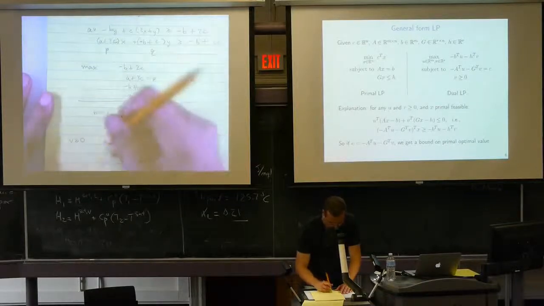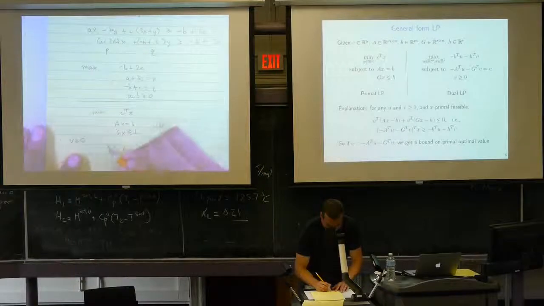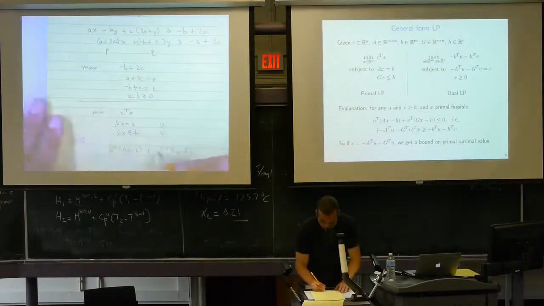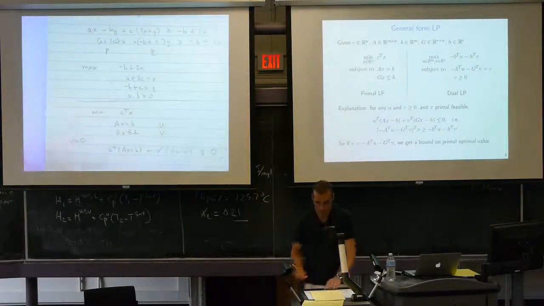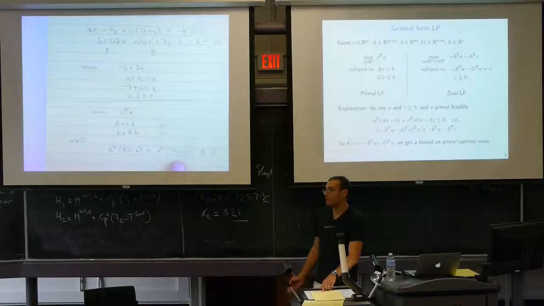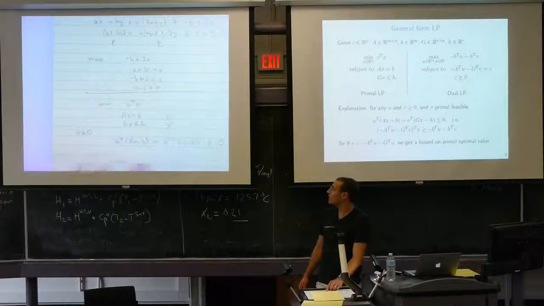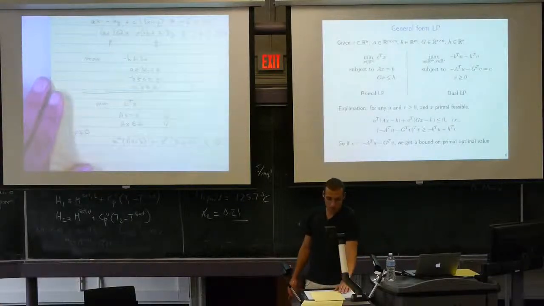Wait, I multiplied u by the equality constraints, that was confusing. I have u transpose (Ax minus b), and I have v transpose (Gx minus h). This is less than or equal to 0, because this thing is zero in each component, and this thing is non-positive in each component. So as long as v is non-negative and x is feasible, I get this inequality.